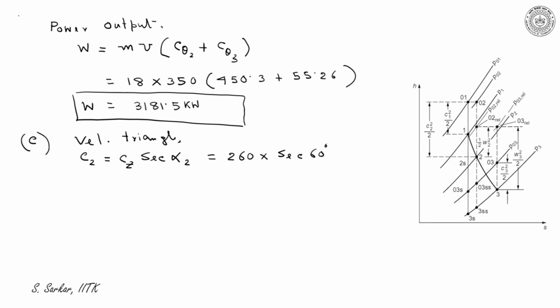If we do that, C2 would be equal to, after calculation, 520 meter per second.